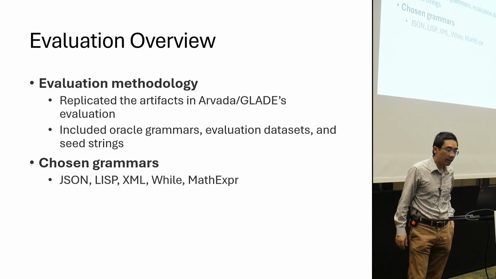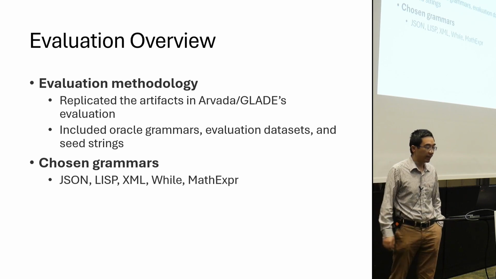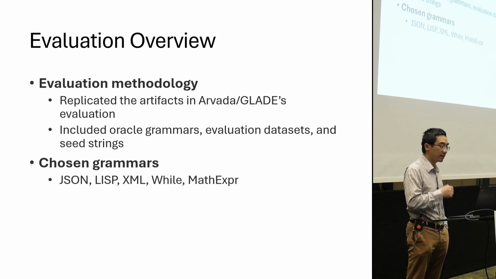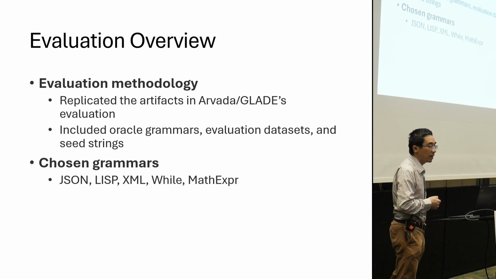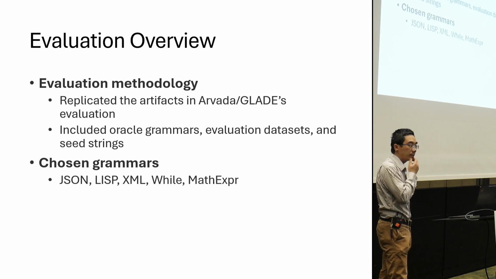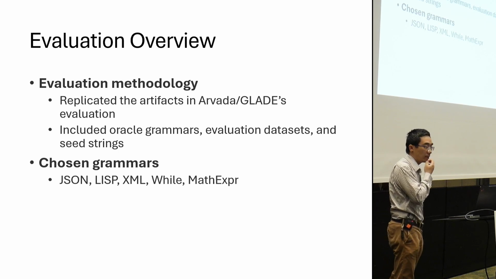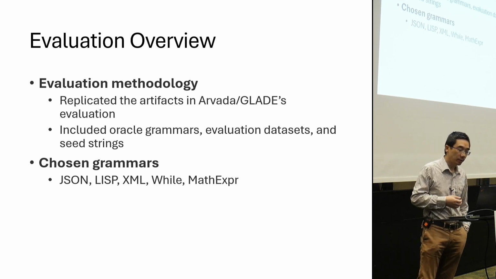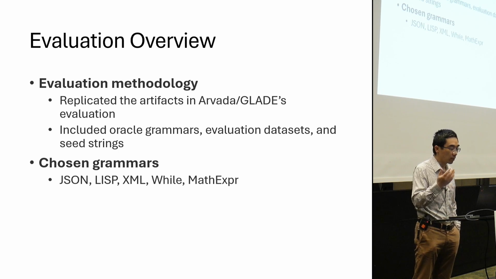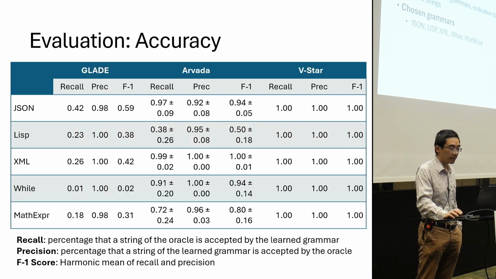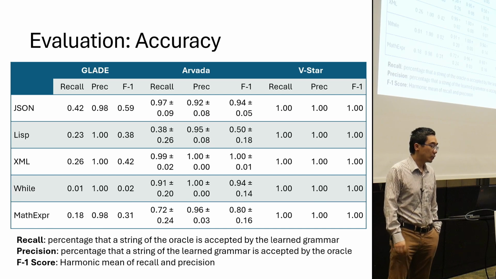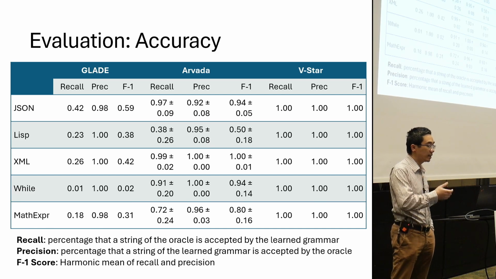Okay, next, let me quickly go over the evaluation. We replicated the artifacts in Arvada and Glade's evaluation, which included oracle grammars, datasets, and seed strings. And we chose a set of grammars including JSON, Lisp, XML, and a couple of other languages. So this table shows the accuracy evaluation between V-Star and Glade and Arvada.